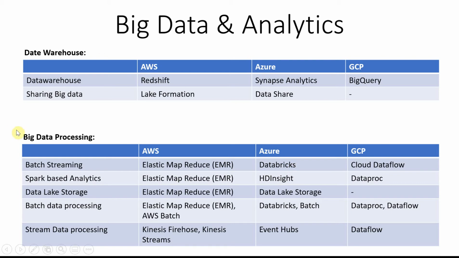Yeah, so let's start with data warehouse. So you'll have various sources from which you need to pick the data. In that space, AWS Redshift is a data warehouse component, and in Azure it is Synapse Analytics, and in GCP it is BigQuery.